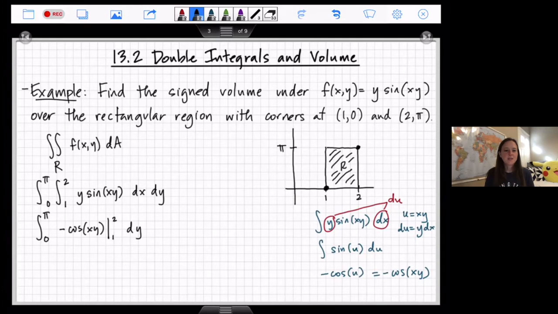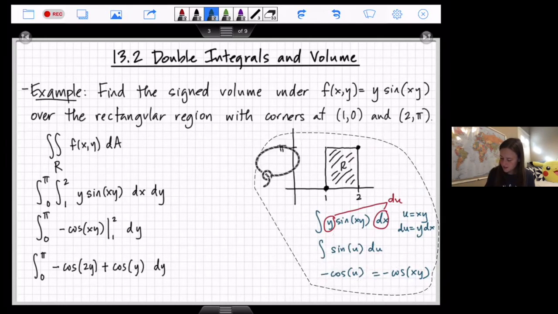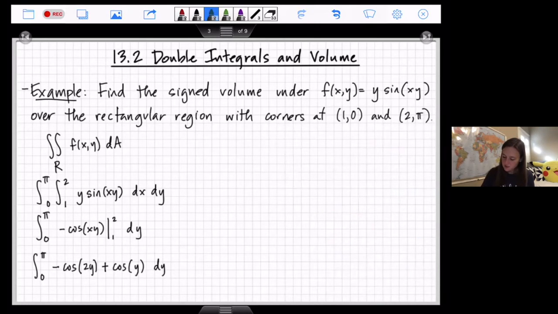So we integrated with respect to x, so I'm going to plug in a 2. I've got the integral from 0 to π of negative cosine 2y minus a negative cosine of 1y, all of that dy. We know that the antiderivative of cosine y is just sine y. I've got cosine 2y. We actually need a little u substitution to be able to evaluate that integral. So let's make some room over on our scratch work side of the slide, and I'm going to integrate cosine 2y. I know I've got a negative sign on there, but we'll just hold on to that for later.